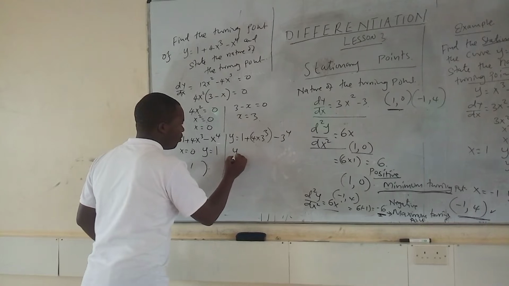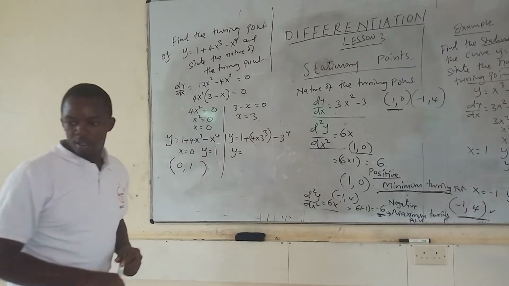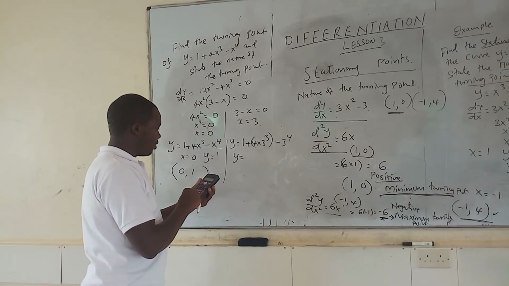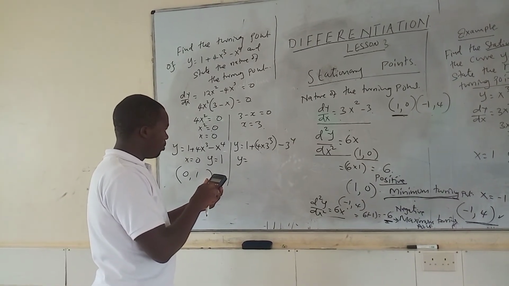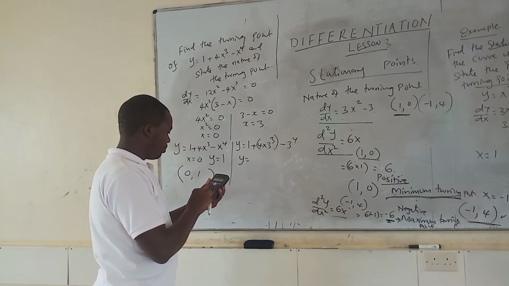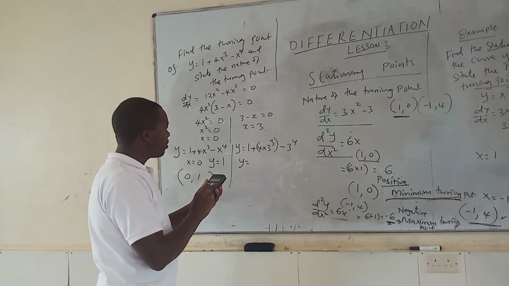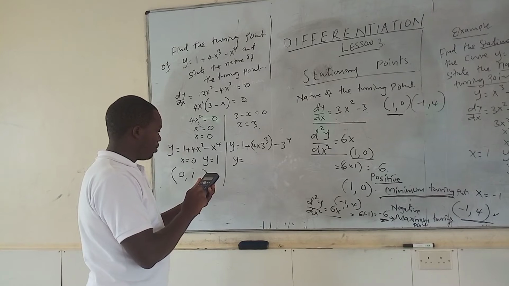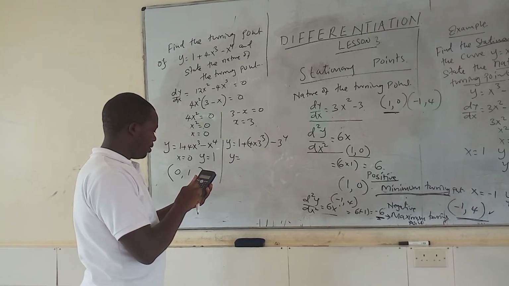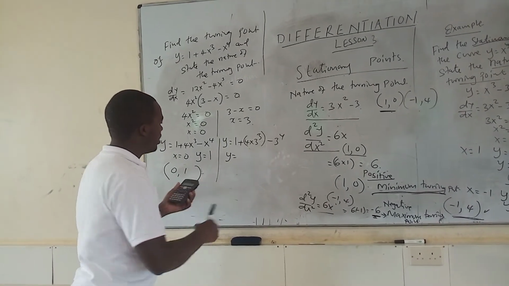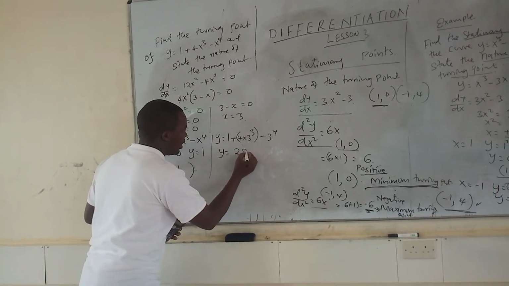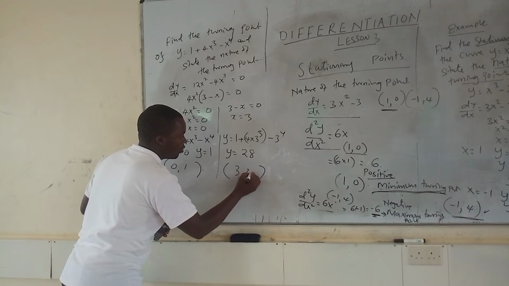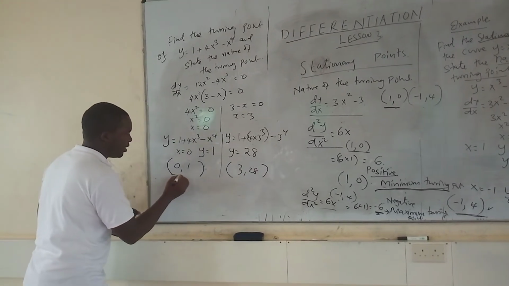Let me use a calculator. The value of y is going to be 28. So the turning point is (3, 28). So these are the turning points.